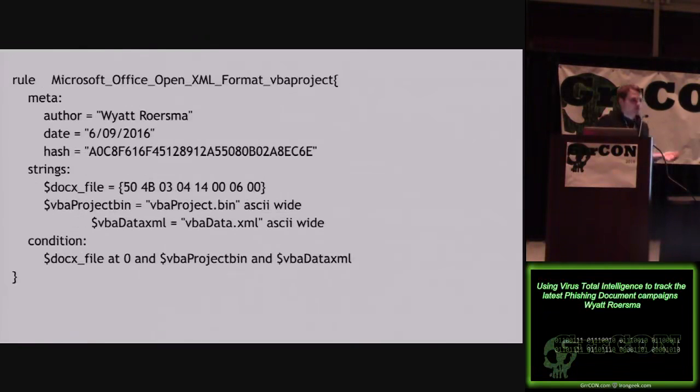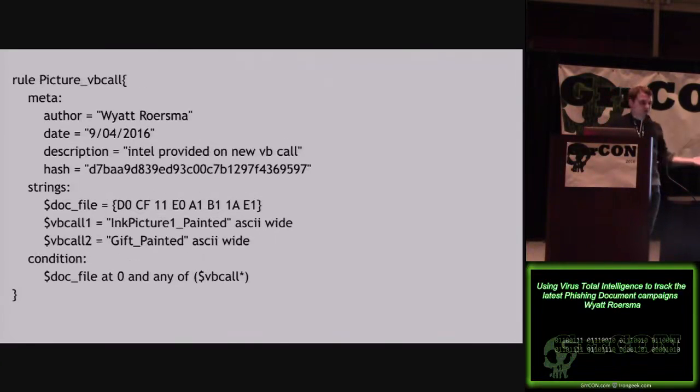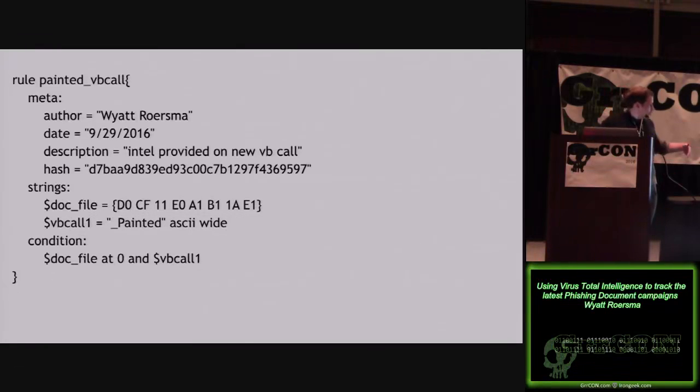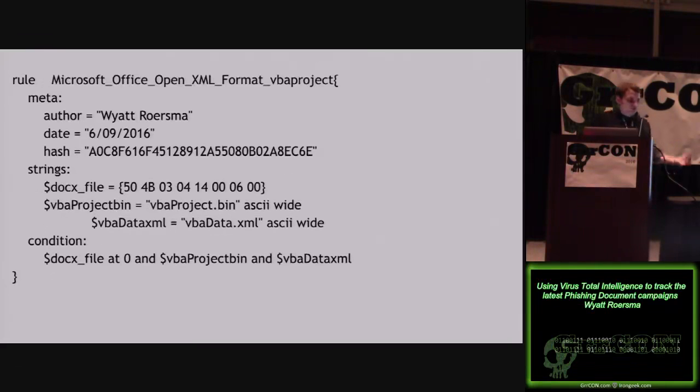And then you can open up even more, where you write a very wide open rule that not necessarily is going to detect all malicious documents on its own, but you can just detect a VBA file in a Word document, for example, and compare that against each data set. Maybe I have a few thousand hits with these, and then double that with the _painted, and then with just macro calls in general with additional rules, you can see that there's 100,000 files that have been uploaded that have macros in them, and I'm only detecting 10,000.